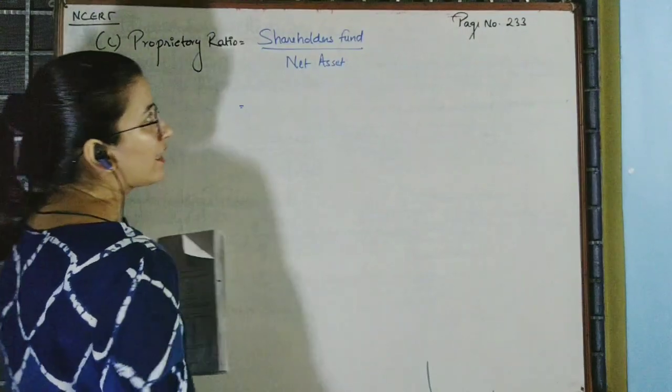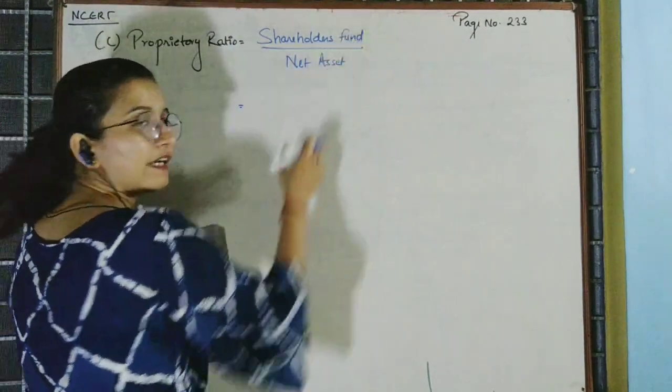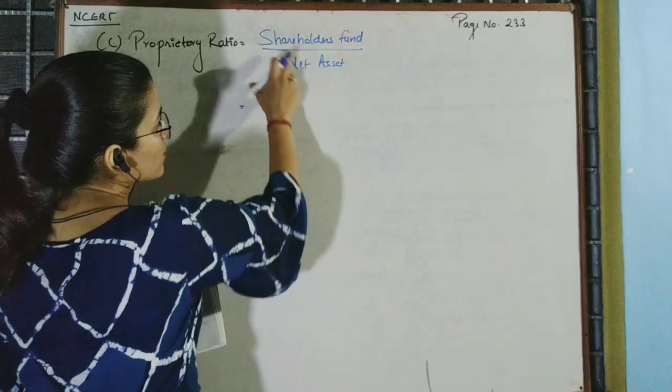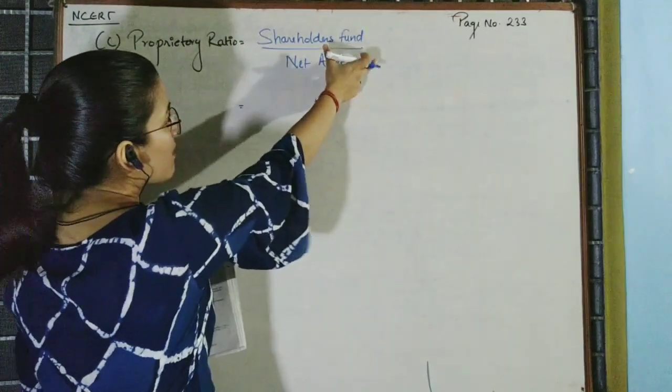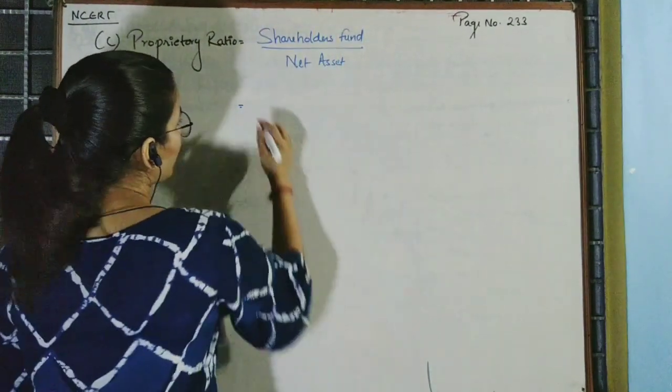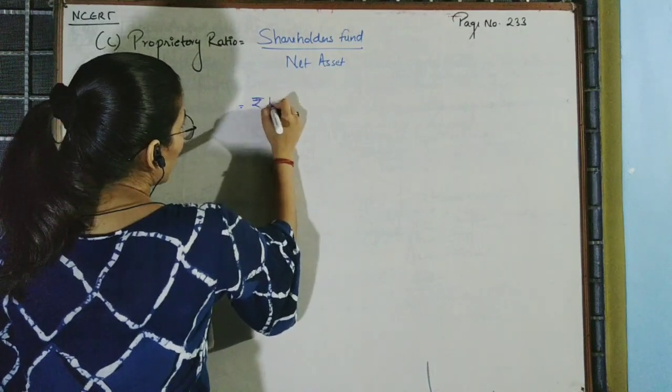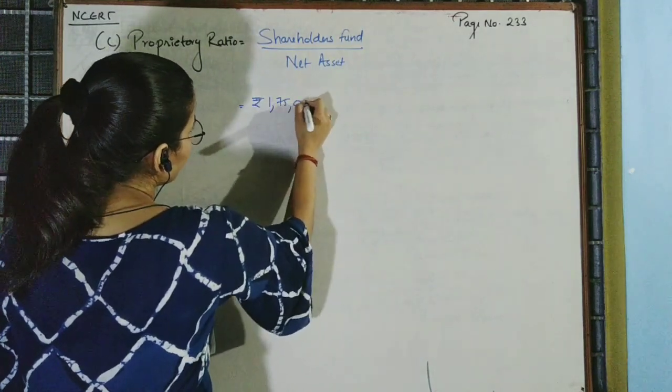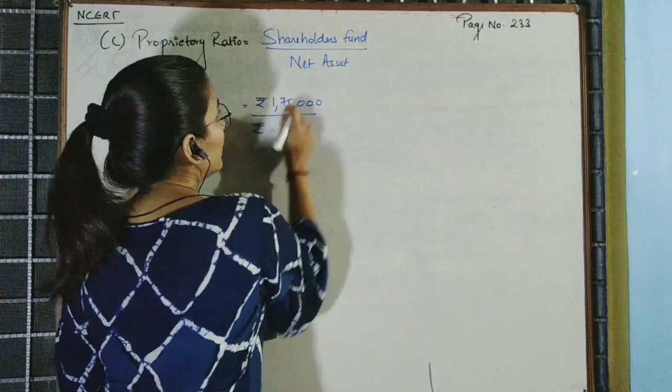We have already calculated shareholders fund in debt equity ratio. Equity is also known as shareholders fund. So the amount of equity or shareholders fund was rupees 1,75,000 divided by net asset.